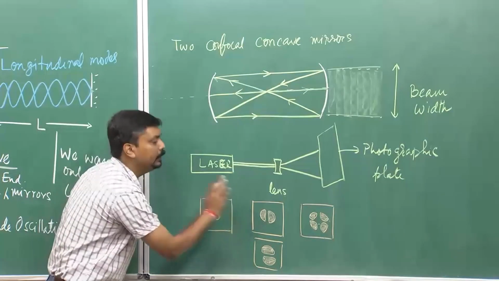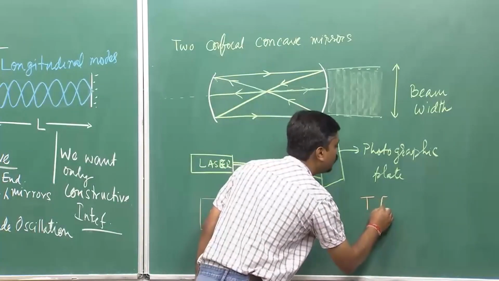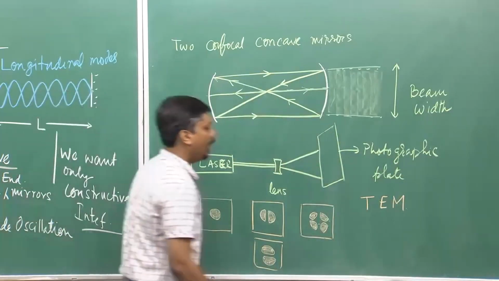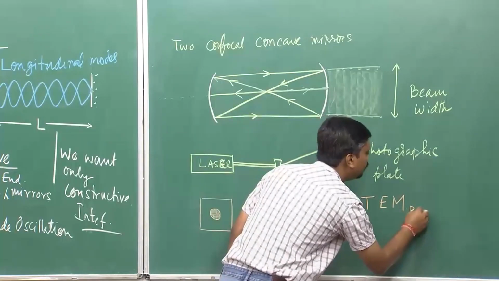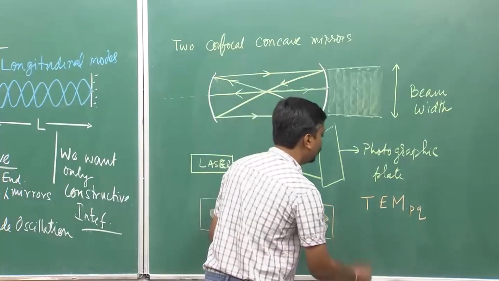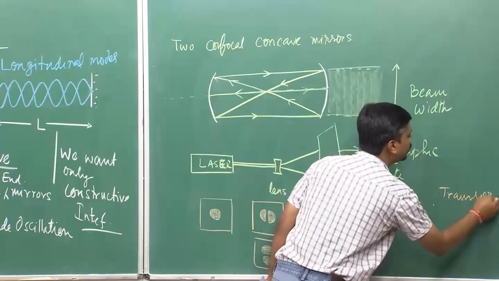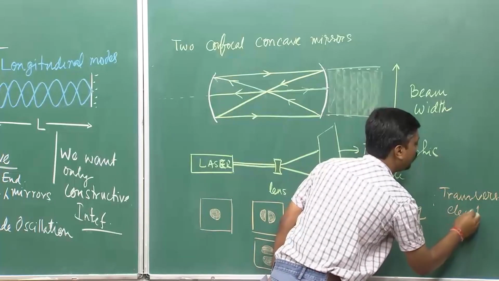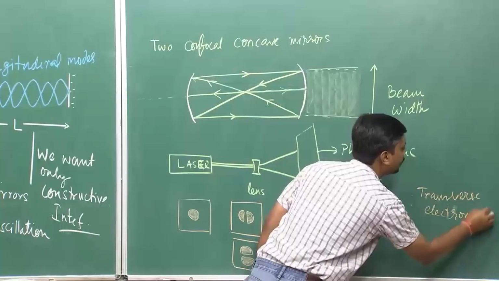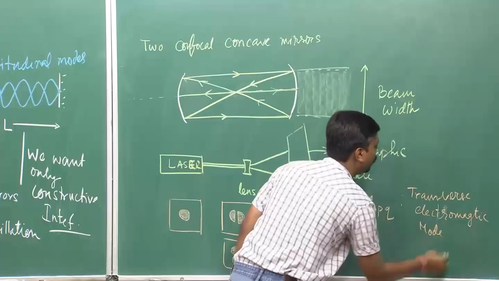Now, what are these? These are called the transverse electromagnetic modes, okay, and they come with some subscript, let me call it PQ. So, if I expand this one, this is called transverse electromagnetic mode.